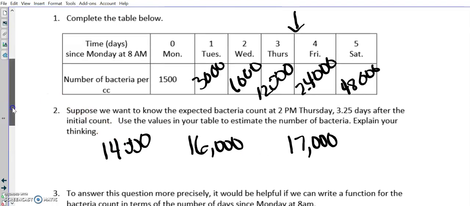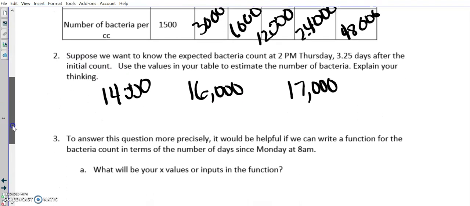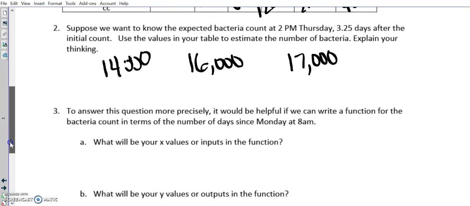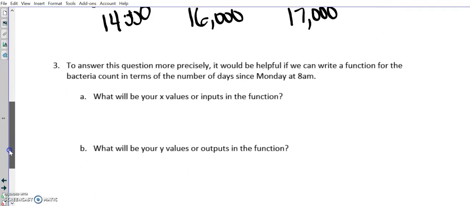So now, moving down, we need to go ahead and point out what are going to be our x and our y values, or our inputs and outputs of the function. Now your x values are always your inputs, or your independent variables, and y values are your outputs, or the dependent variables.